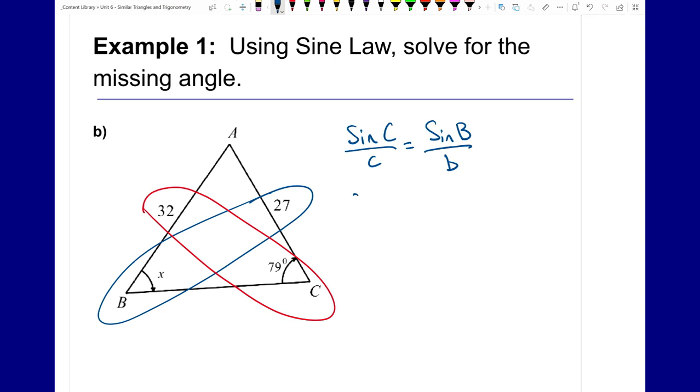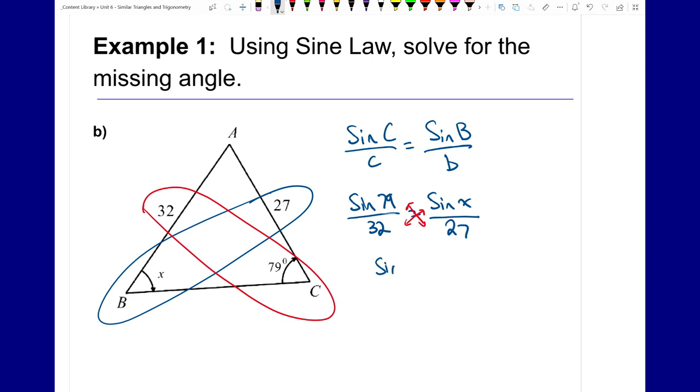I'm going to fill in my information. So sine of angle C, so sine 79 divided by 32 is equal to sine B, or we'll call it x now, divided by 27. Cross multiply.